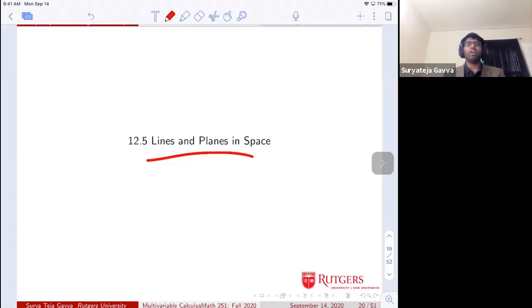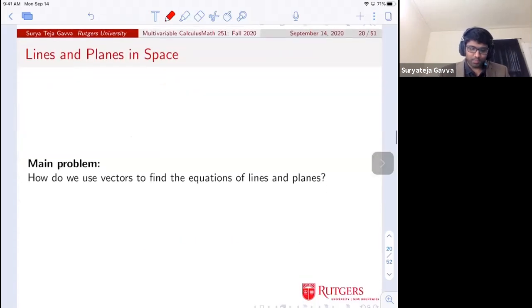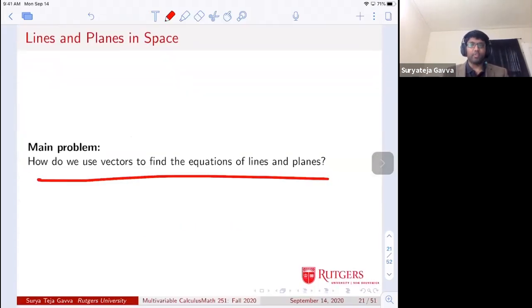So you know different ways to write equations of lines in the plane. Now you want to similarly write equations for lines in space, and also for planes in space. So the main problem is to find equations for lines and planes.